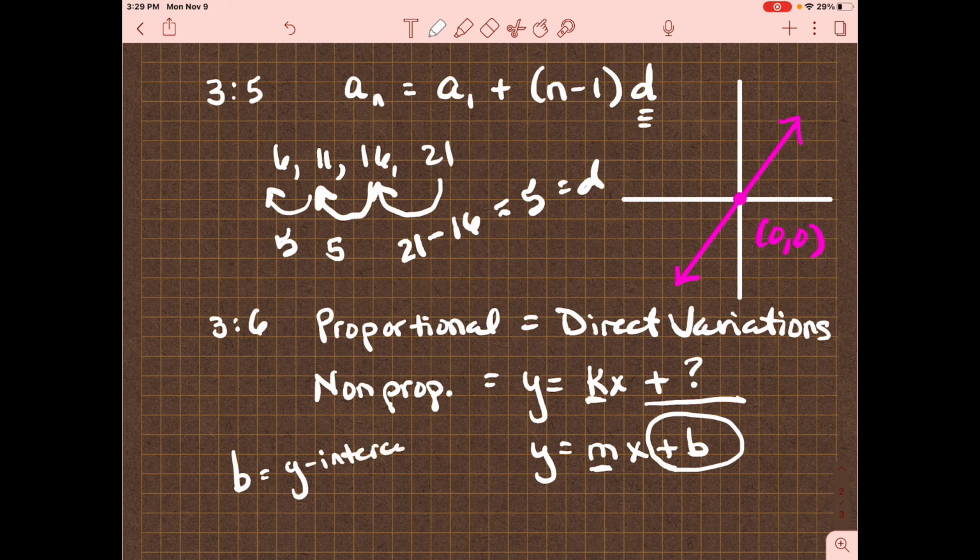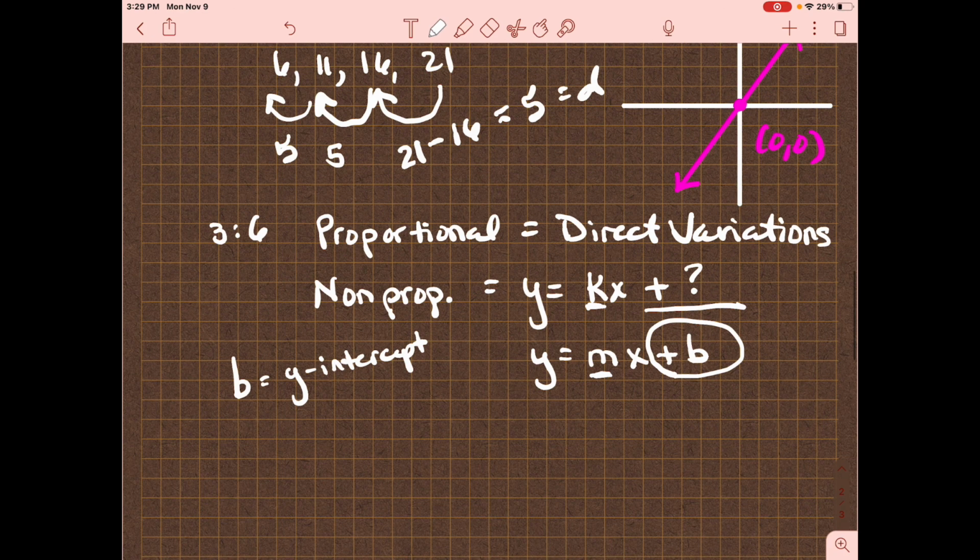So whenever we have a non-proportional relationship, our y-intercept is something other than 0. We're not going to cross at the origin. We're going to cross a little above or a little below, and that creates a little more complicated relationship. We can't just put y over x. It's not directly proportional anymore. We're just offset by some starting amount that causes us to cross the y-axis somewhere other than 0.